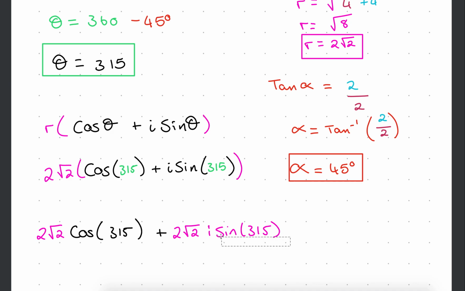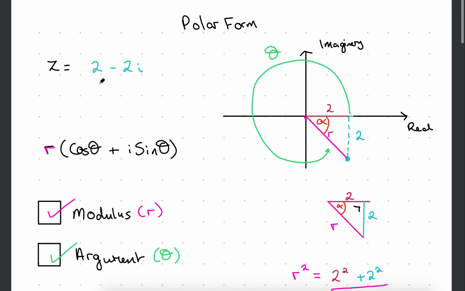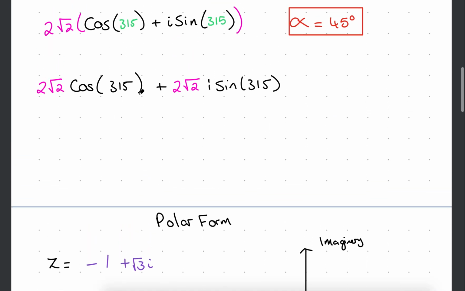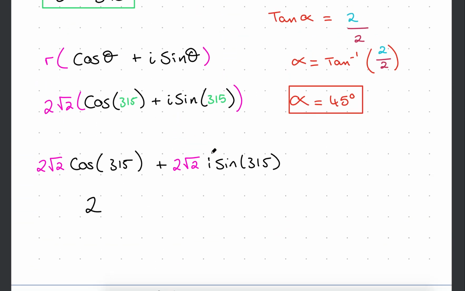And if we put that into our calculator, if I went to my calculator and I said 2 root 2 multiplied by cos of 315, I should get out my 2 from the beginning. And if I put in i sine of 315 multiplied by 2 root 2, I should get minus 2 multiplied by i at the end. Like that, so 2 minus 2i.